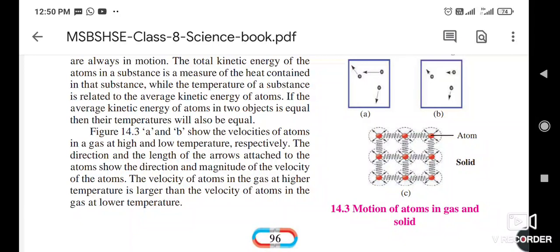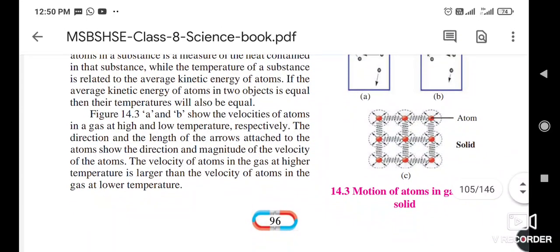So the atoms in this square show the velocity or speed with the help of arrows. In figure A the length of the arrows is longer than in figure B. The velocity of atoms in a gas at higher temperature is larger than the velocity of atoms in a gas at lower temperature.